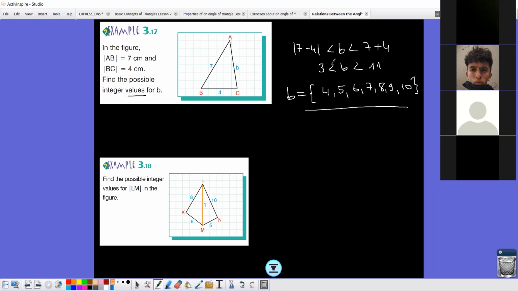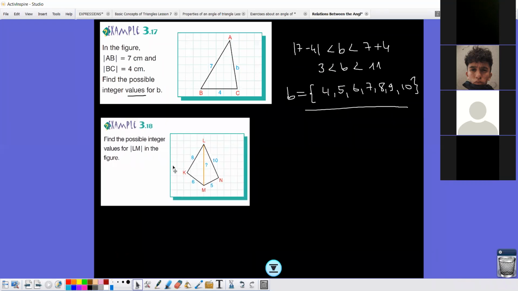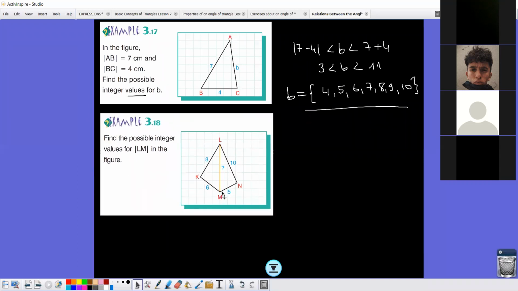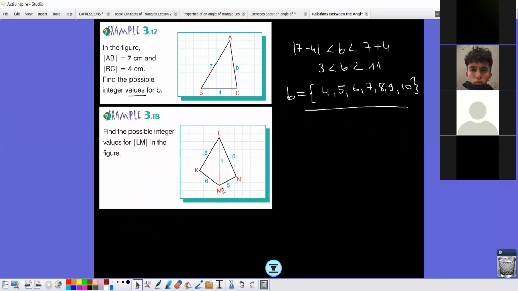Did you understand how we are using the triangle inequality? Yes. Okay, now try to do the second one. As you can see here, we have two triangles and one side is common for both of them.